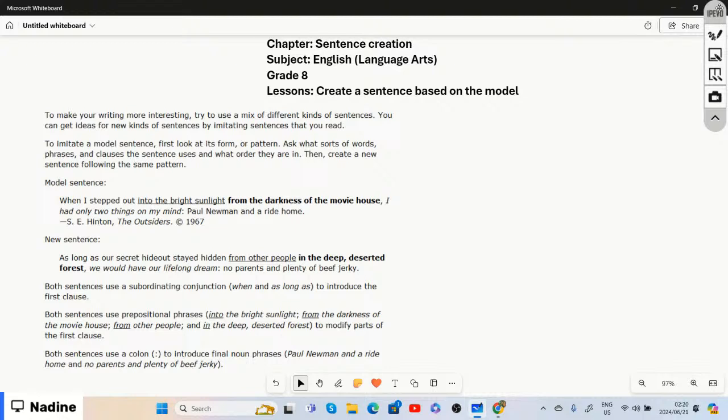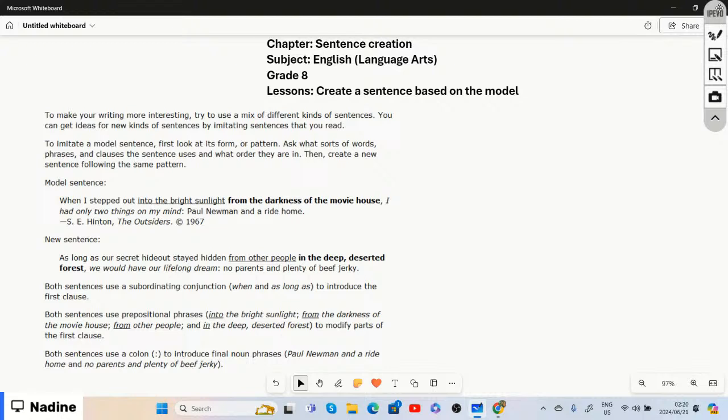And once we have asked ourselves those questions, we then create a new sentence following that same specific pattern.